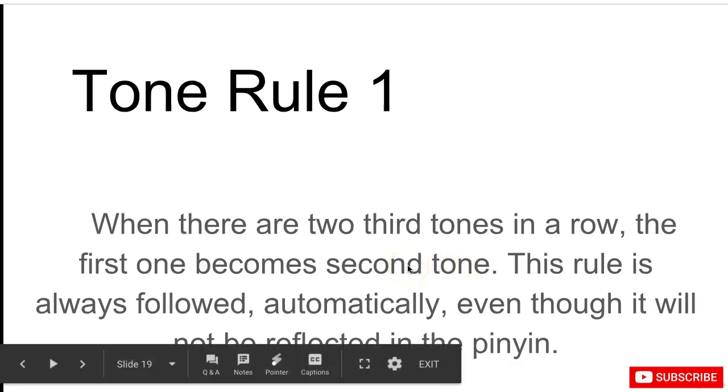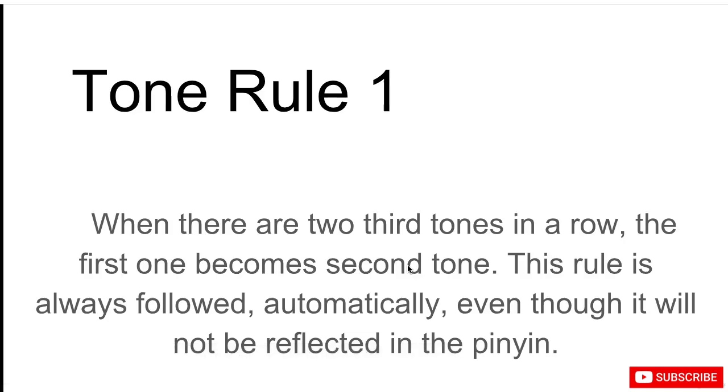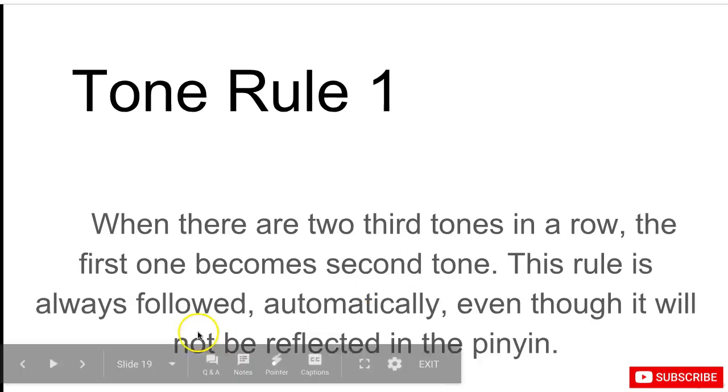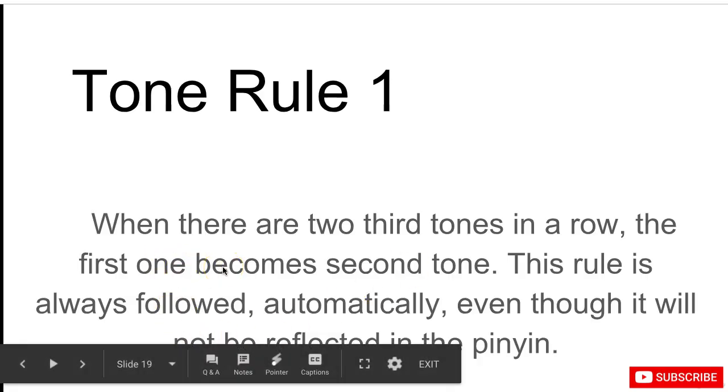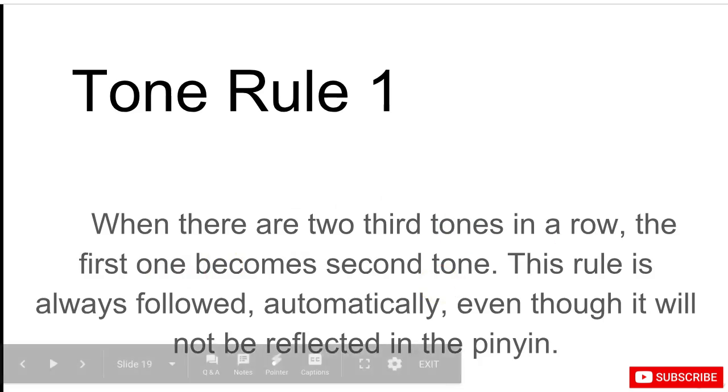So you know we have 4 tones and the 5th neutral one. The third tone is the rise and fall. So this explains that when the rise and fall tone is following each other in a word, the first rise and fall changes to the second tone, which is just a rise tone. I will show you the example shortly.